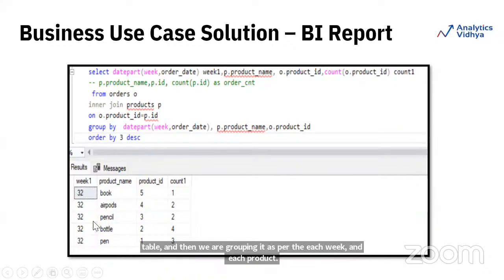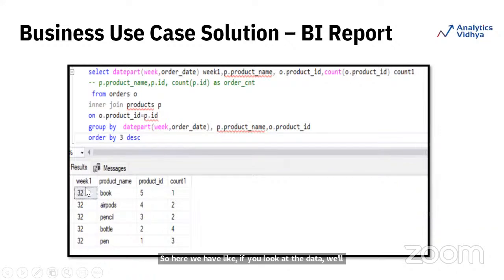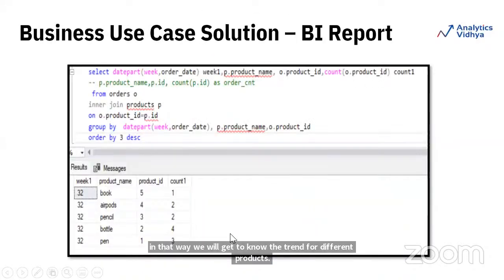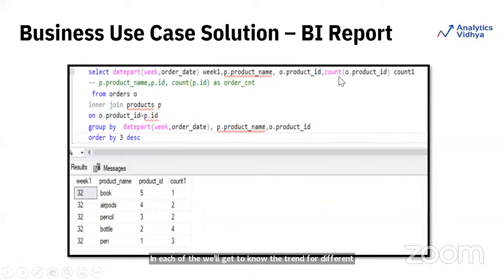So if you look at the data, we'll get the output for each week and for each product, what the product count is. So in that way, we will get to know the trend for different products in each week. So in this way, you can use the aggregate functions and even extract certain parts from the date. And we are also using a join condition to get the data from multiple tables.